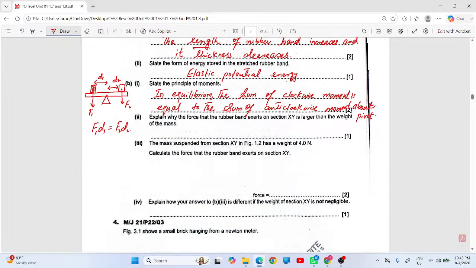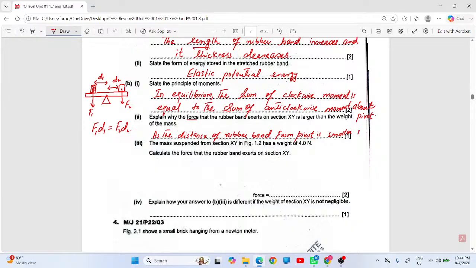ठीक है? तो इसमें हम लिखते हैं the weight of rod will produce no moment. The distance of rubber band from pivot is smaller. Why the force that rubber band exert is larger than the weight, as the distance of rubber band from pivot is smaller.